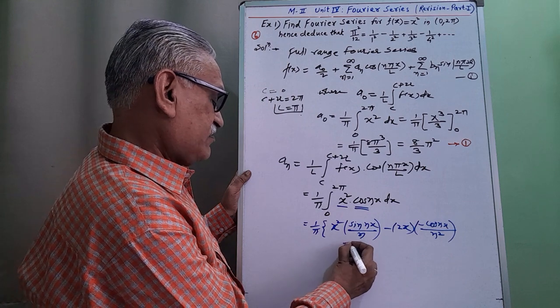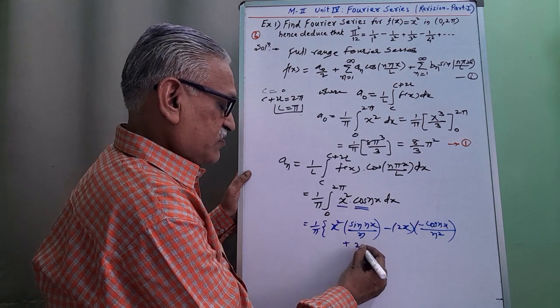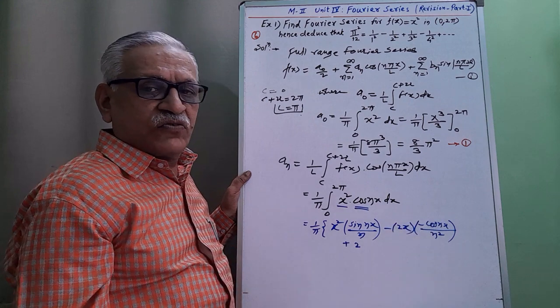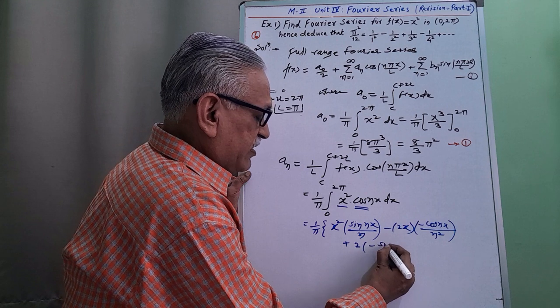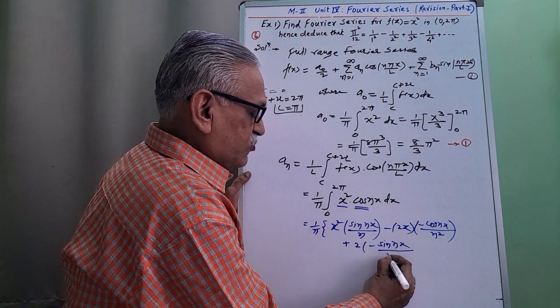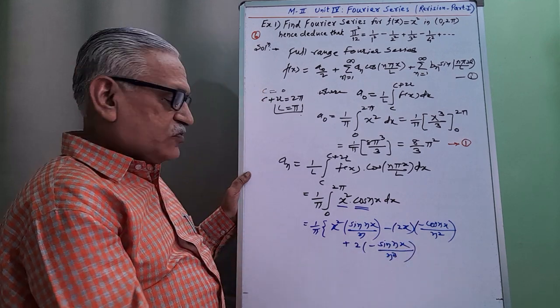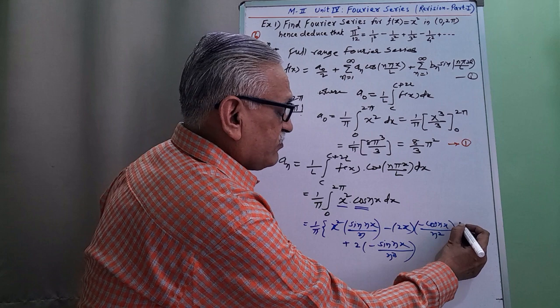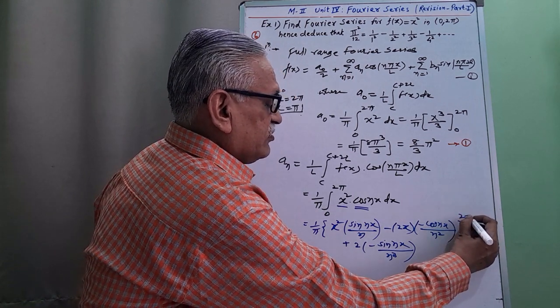Then plus derivative of 2x is 2. Next integration of cos is sine, with this minus sign, therefore it becomes minus sine of nx by n cube. Next derivative 0, we stop here, and the limits are from 0 to 2 pi.